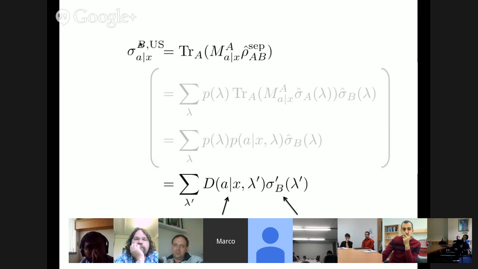You can think of each element of the assemblage as a linear combination of some hidden states, where the coefficients of this combination are just formed by deterministic response functions. This is the source of the deterministic response functions in our semi-definite program.